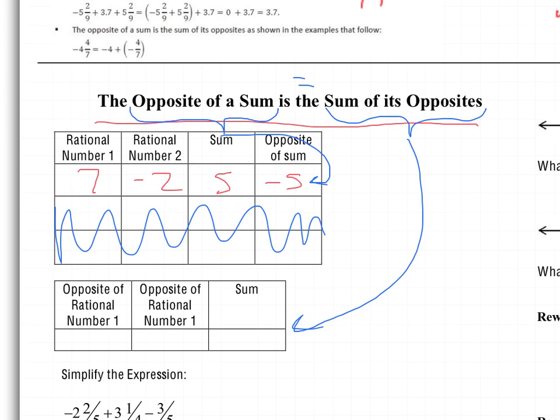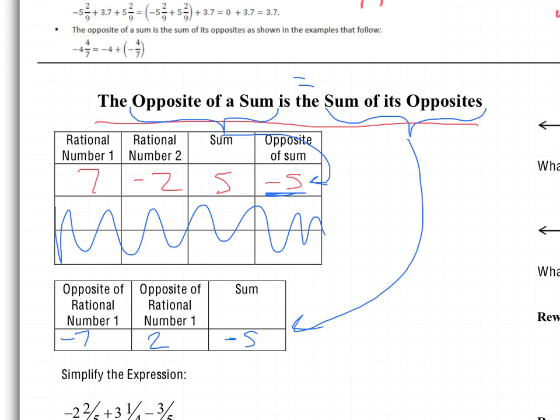So here I'm going to find the opposites of these values. So the opposite of 7 is negative 7. The opposite of negative 2 is equal to 2. So I should expect that this will be equal to this value, the sum of its opposites. So negative 7 plus 2 is indeed negative 5.